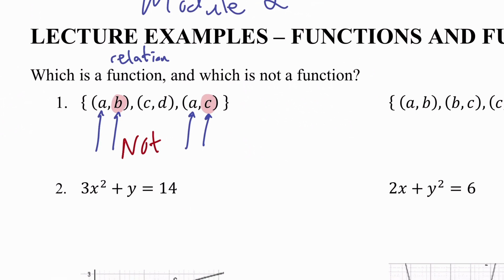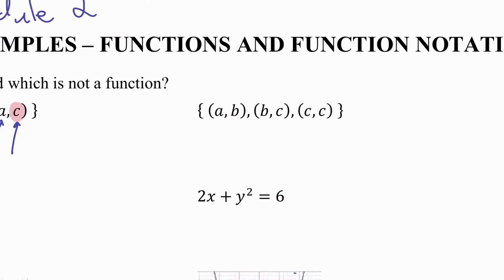Over here, this one's kind of similar in that we do see something repeated: this output C is repeated. So there's more than one input that produces the output C. Is that not allowed? Well, that's actually fine. The outputs can be repeated. It's the inputs that can't be repeated.